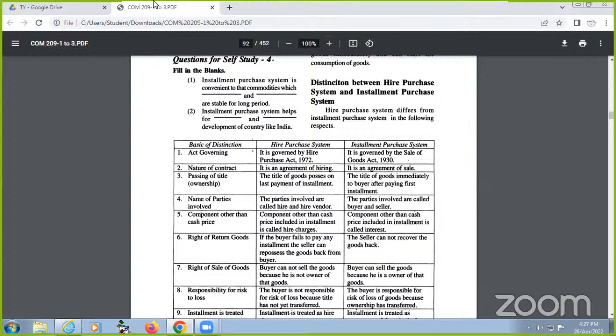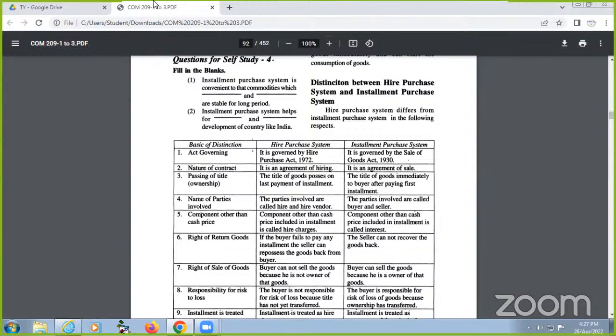Nature of contract: it is an agreement of hire; it is an agreement of sale. Passing of title: the title of goods passes on the last payment of installment; the title of goods passes immediately to the buyer after paying the first installment.